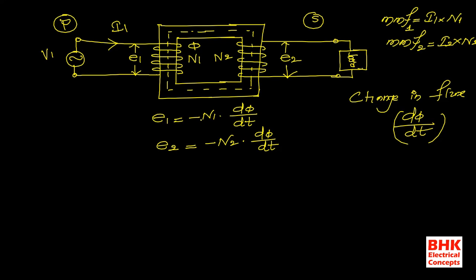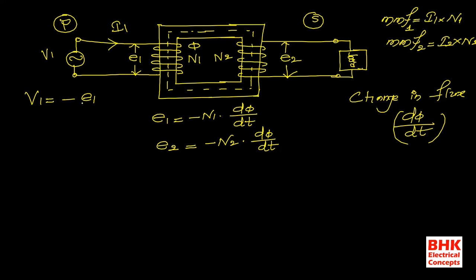The negative sign represents that the direction of the EMF E1, generated in the primary and secondary side, always opposes the applied force, or we can also call it the applied voltage. That is the reason why we can write V1 is equal to minus E1.